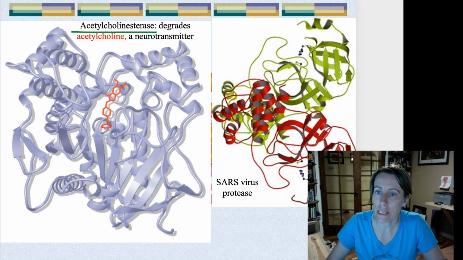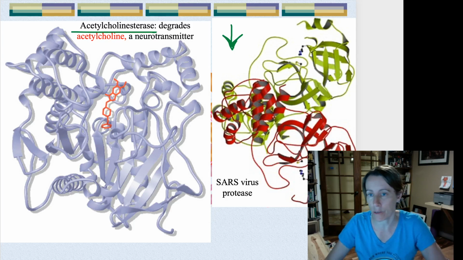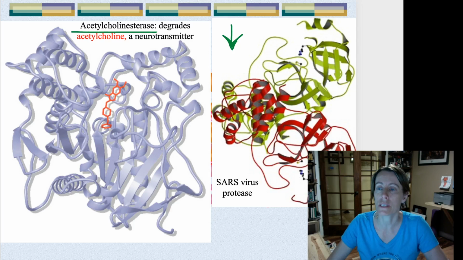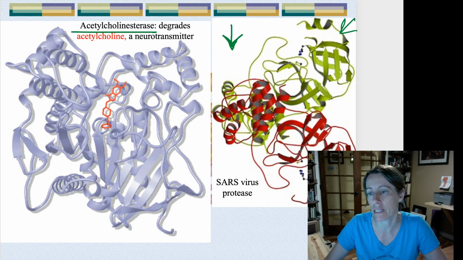And then here is another protein from the SARS virus, which is very closely related to the COVID virus. And this is a quaternary protein because you see it's got two different chains. They've color-coded green and red in here. And you can see how the chains are stuck together down here.